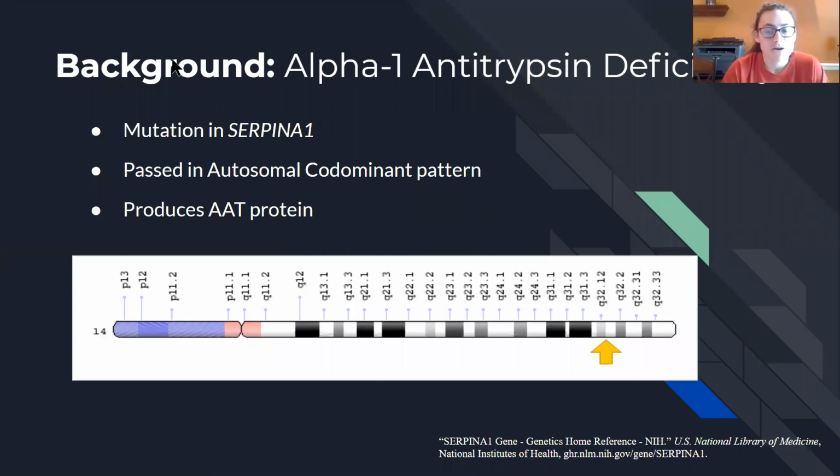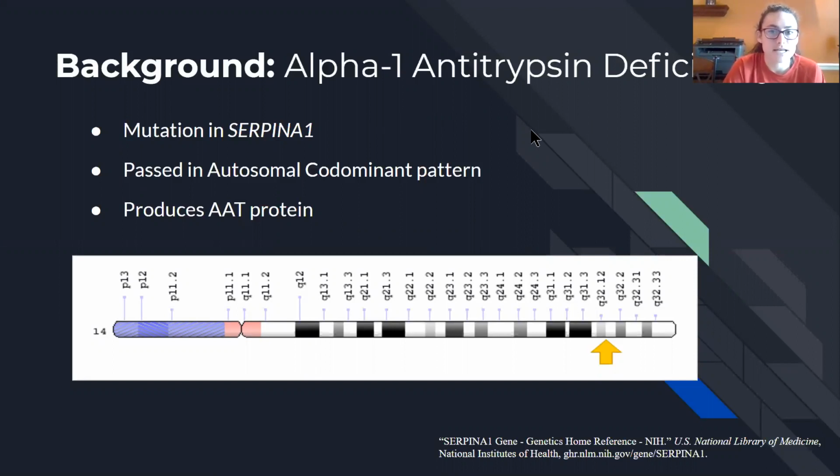So as we've talked about in previous presentations, Alpha-1 antitrypsin deficiency is a genetic condition that is passed through an autosomal codominant pattern, and it's caused by mutations within the SERPINA1 gene. This gene normally produces AAT protein, which is produced in the liver and transported through the secretory pathway to the lungs, where it regulates the activity of neutrophil elastase.